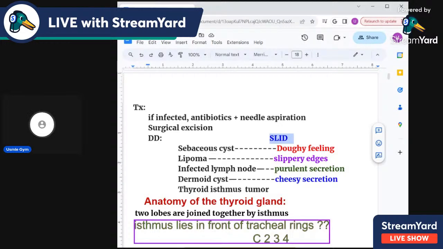Sebaceous cyst has a doughy feeling. Lipoma has slippery edges. The infected lymph node has purulent secretions, and a dermoid cyst has cheesy secretions. You also have to differentiate it from a thyroid isthmus tumor.